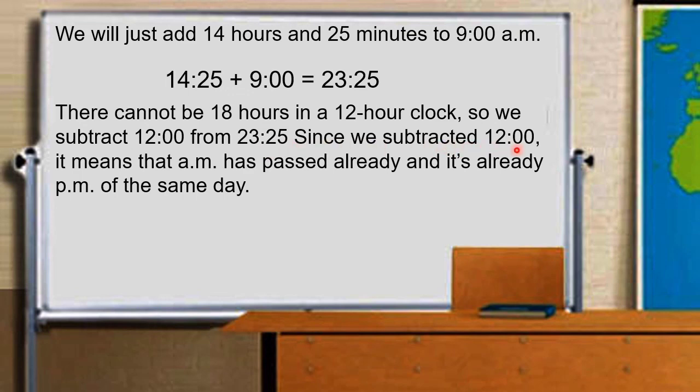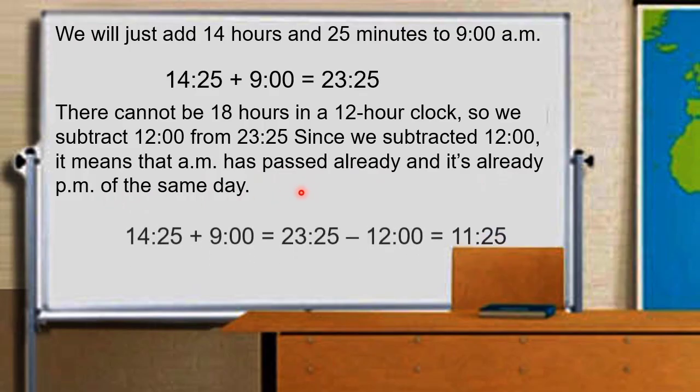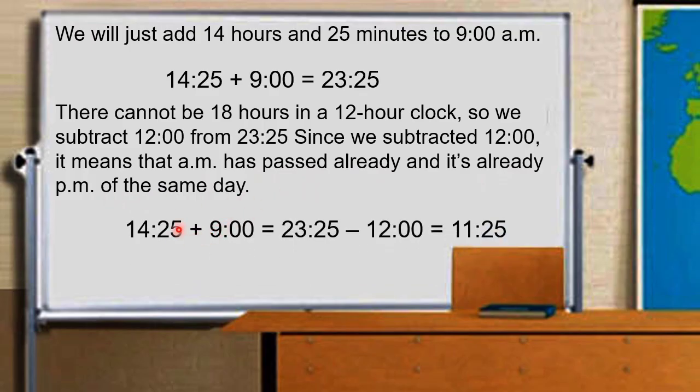Since we subtracted 12 hours, it means that AM has passed already and it's already PM of the same day. So, 23 hours and 25 minutes minus 12 hours is equals to 11 hours and 25 minutes. So, the answer is 11:25 p.m.